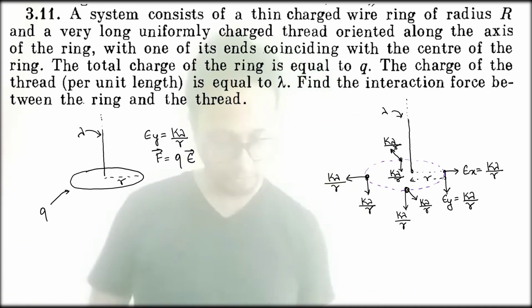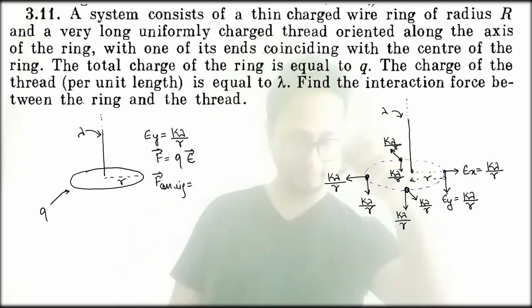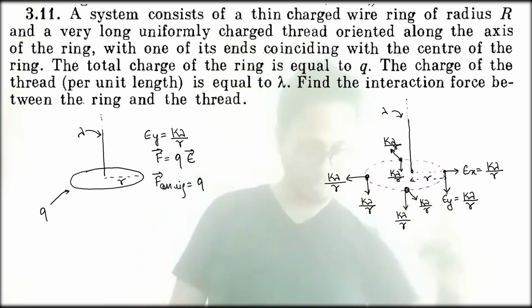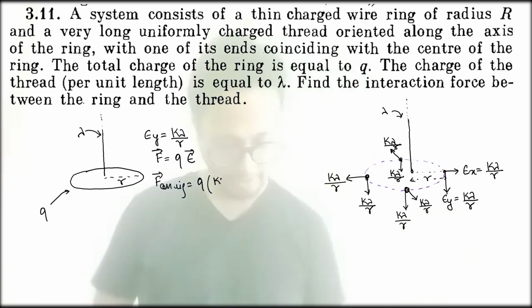So the total force on the ring is the total charge on the ring, q, into the y component of electric field, which is K lambda by R. So total force on the ring is equal to K q lambda by R.